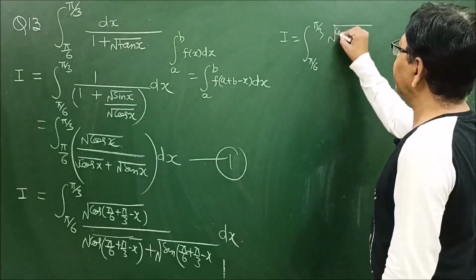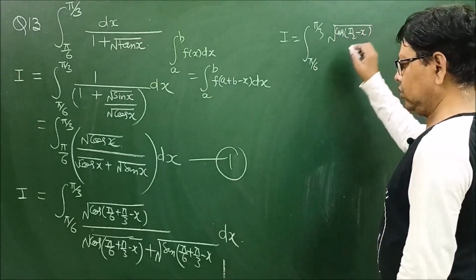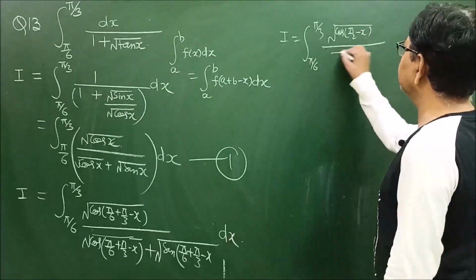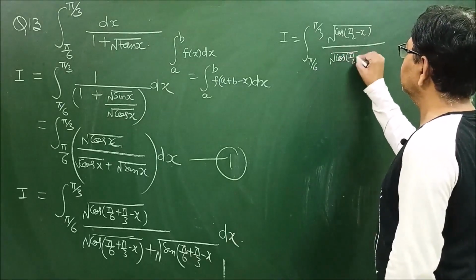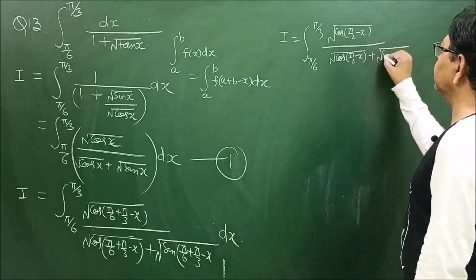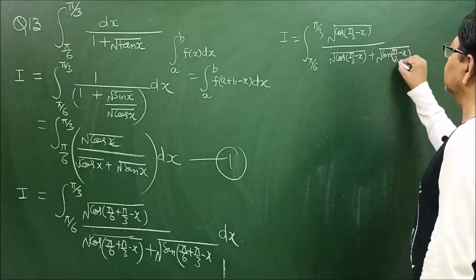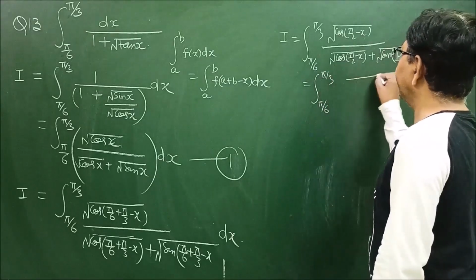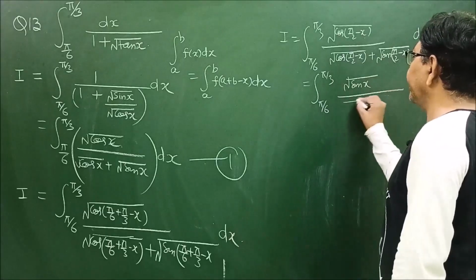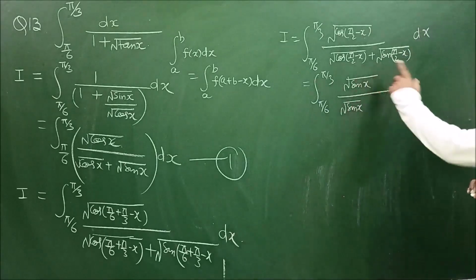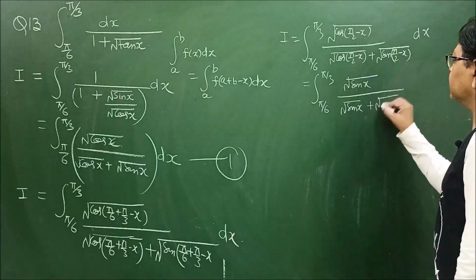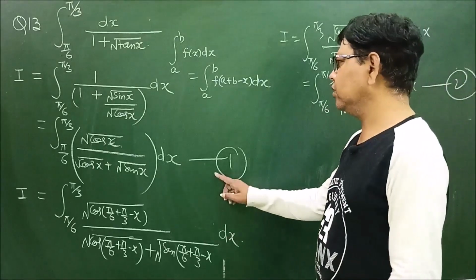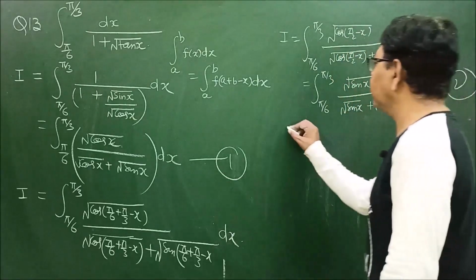So root cos (pi by 2 minus x) upon root cos (pi by 2 minus x) plus root sin (pi by 2 minus x) dx, which is equal to the integral from pi by 6 to pi by 3 of root sin x upon root sin x plus root cos x dx, because cos (90 minus x) is equal to sin x. This is number 2.